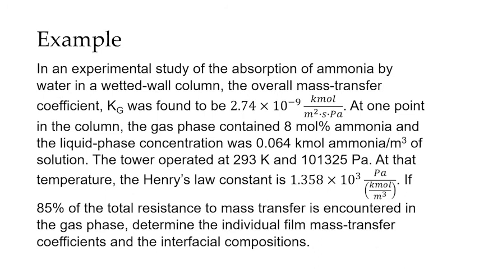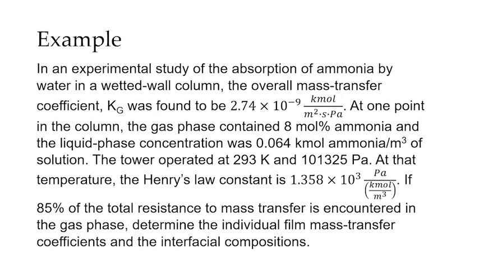In an experimental study of the absorption of ammonia by water in a wetted wall column, the overall mass transfer coefficient Kg was found to be 2.74 times 10 raised to negative 9 kilomole per square meter per second per pascal. At one point in the column, the gas phase contained 8 mole% ammonia, and the liquid phase concentration was 0.064 kilomole of ammonia per cubic meter of solution.